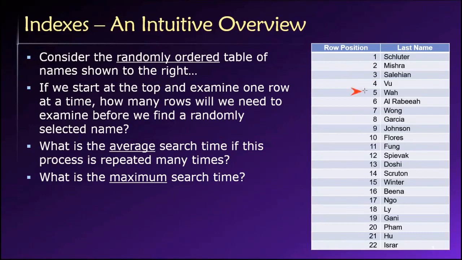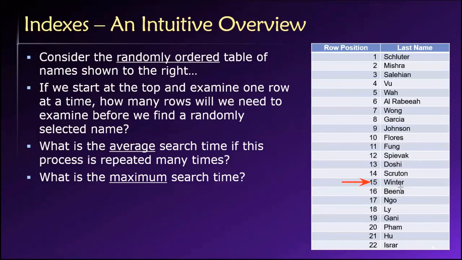Until 15 search operations later, one per row, we finally find that yes, it's Winter. Hurrah! You found what we were after. So in this case, our search time to find Winter, measured in number of search operations, is 15.